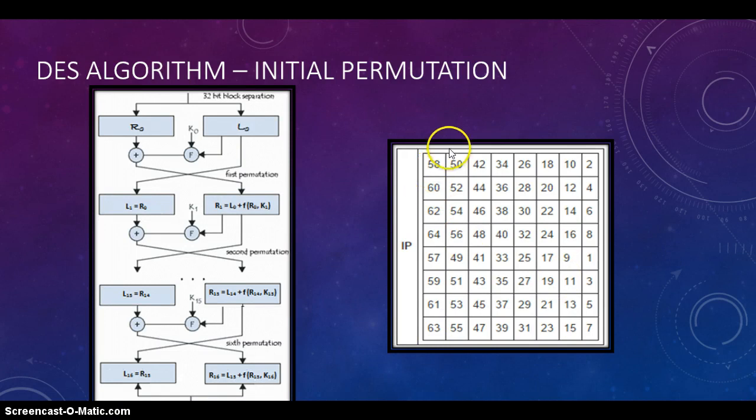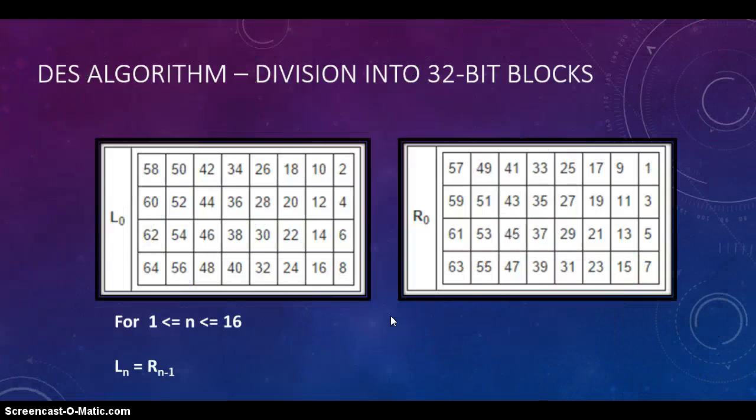The second bit will be the 50th, and so on. Our last bit will be the 7th bit of our original message. We are going to split the permuted block into a left half, which we call L0, of 32 bits, and a right half, R0, of 32 bits too.